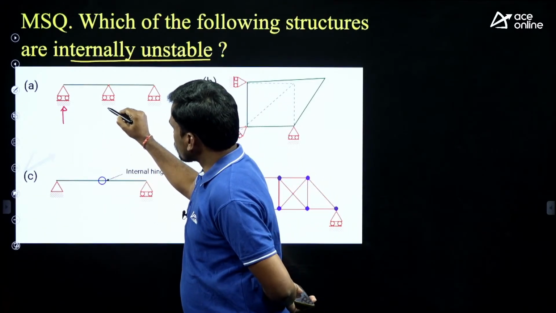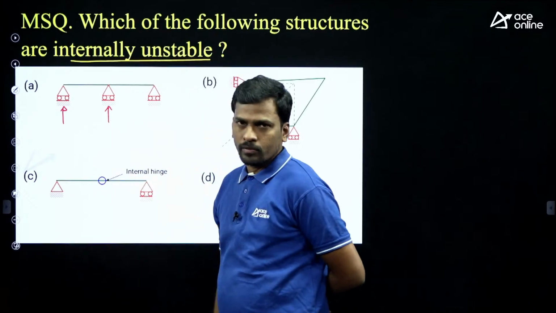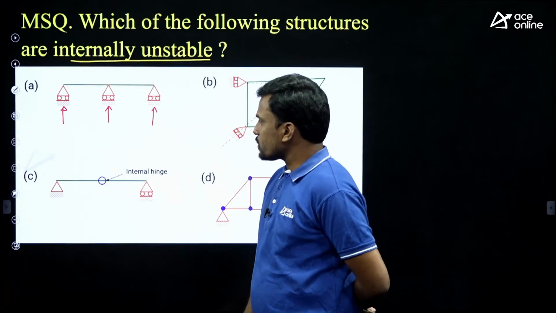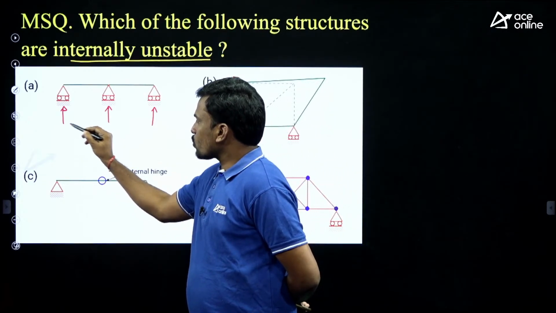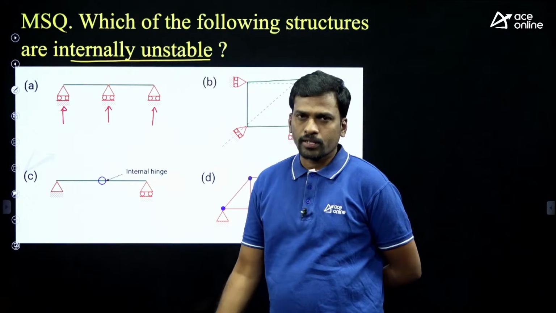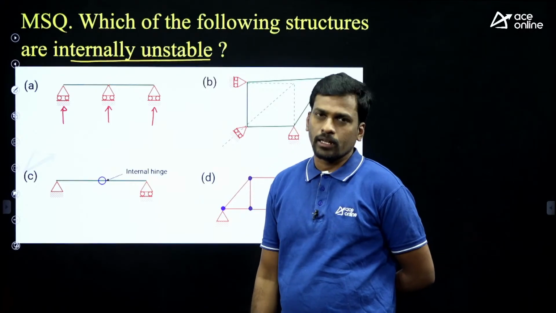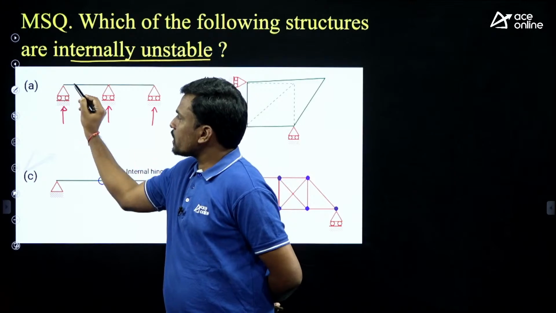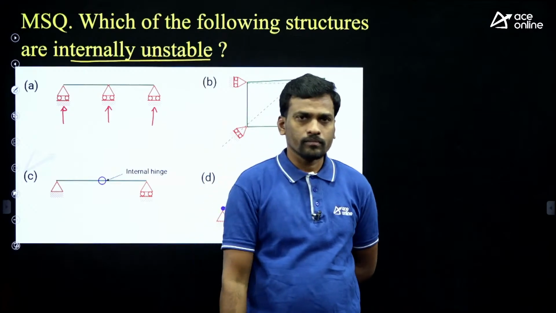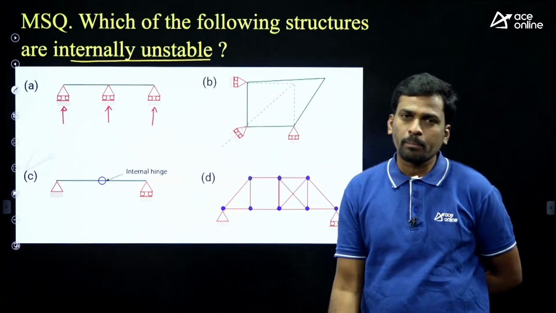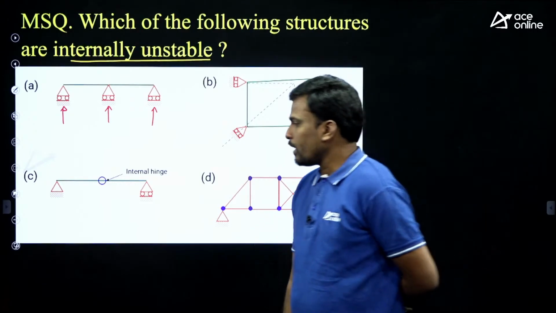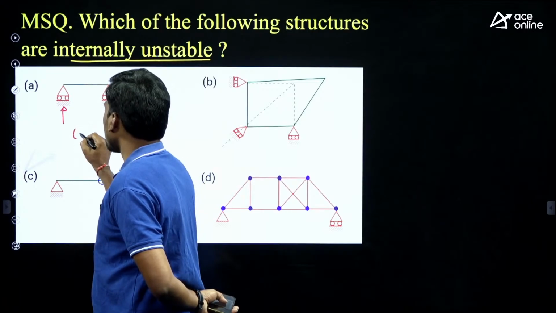This also is a roller support, number of reactions 1, and here also a roller support, number of reactions 1. Students, tell me, these 3 reactions are parallel to each other, right? Yes, 3 reactions are parallel to each other. Then due to a horizontal force, rigid body translation takes place, right? If all the support reactions are parallel to each other, rigid body translation takes place. Now this is externally unstable.